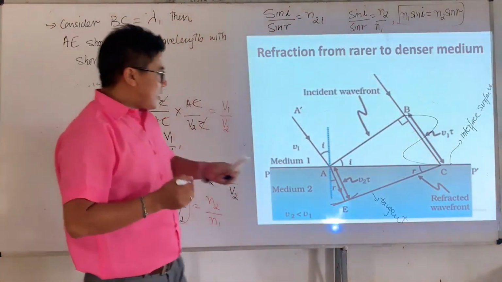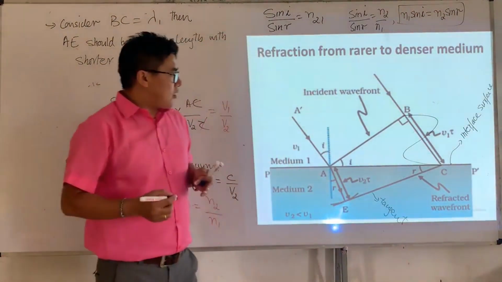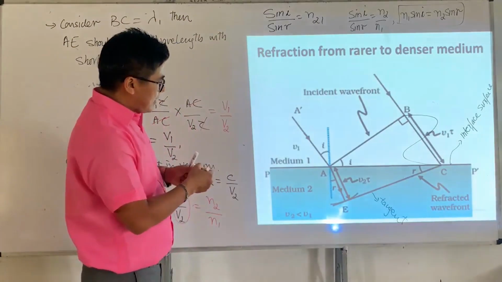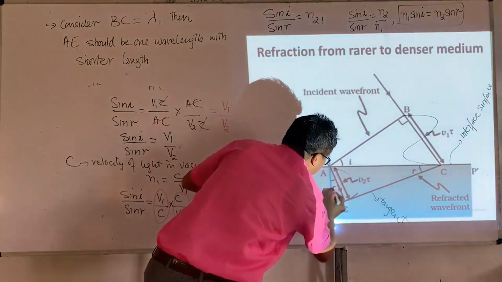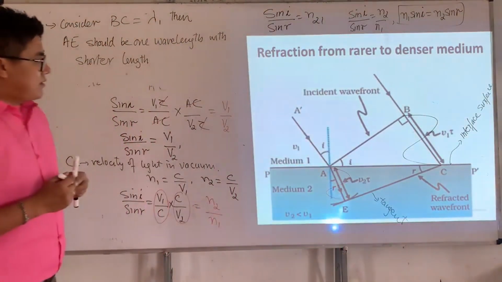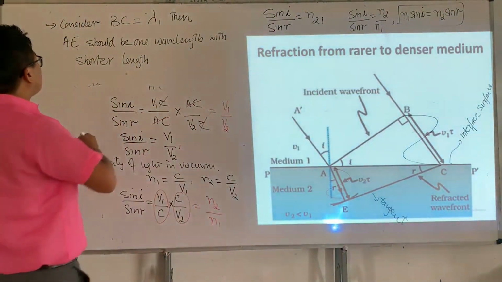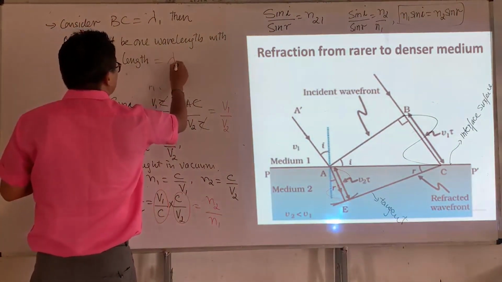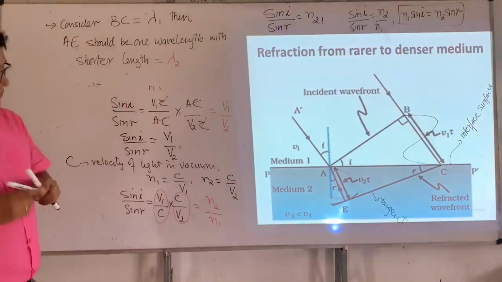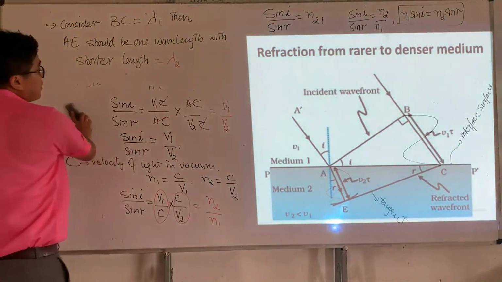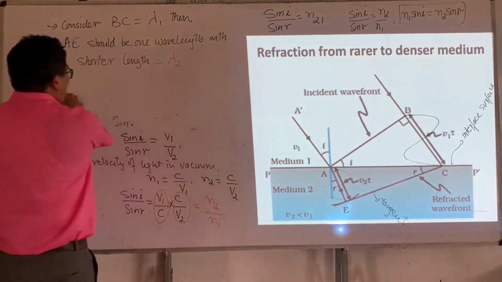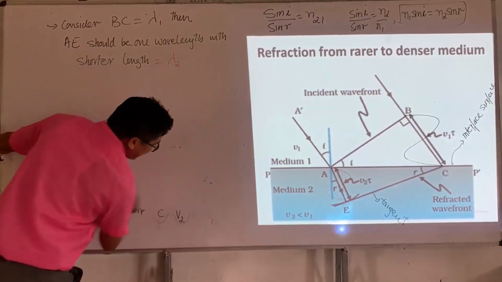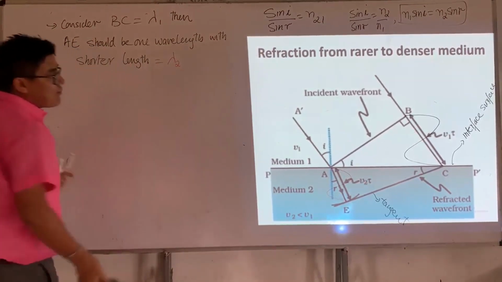Otherwise, the definition of the wavefront won't properly hold, right? So this is equal to lambda 2. They are each of one wavelength, a single wavelength of different values.